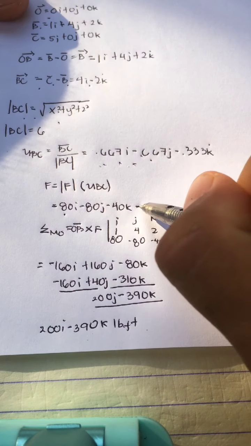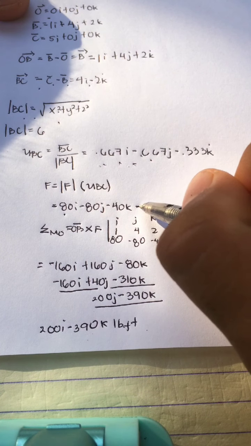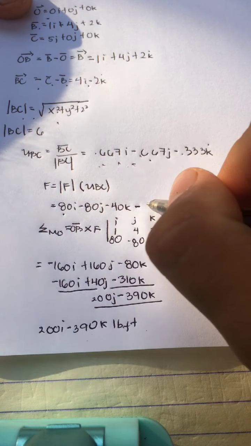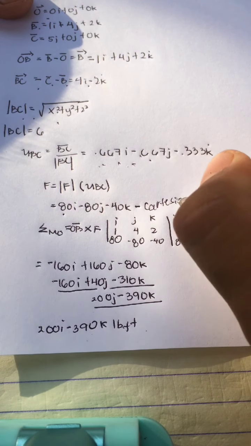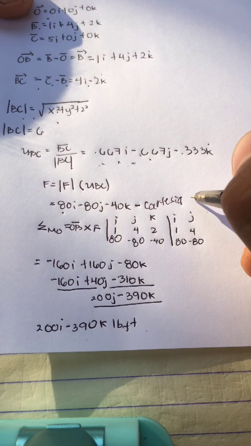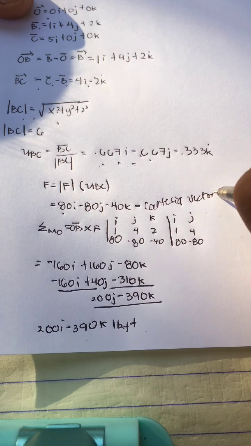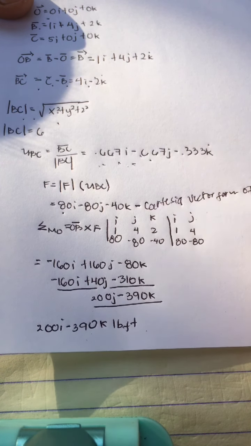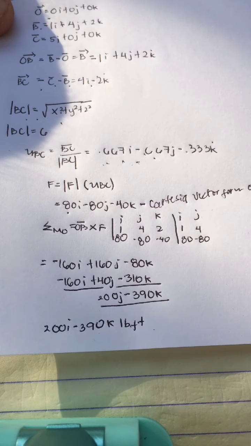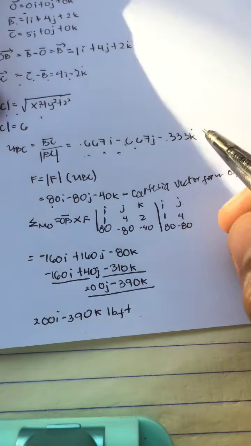So next is the Cartesian vector form of F. We go for the diagonals.